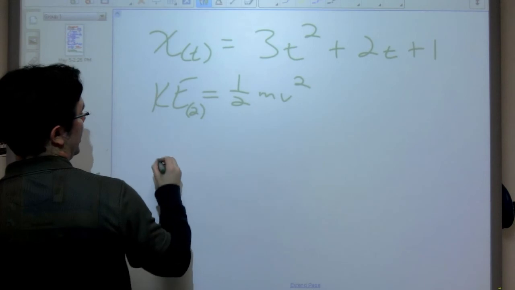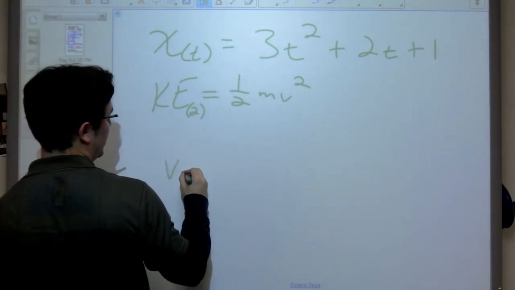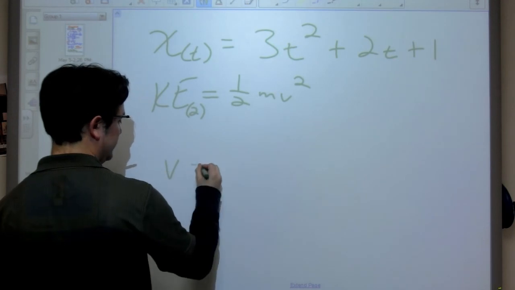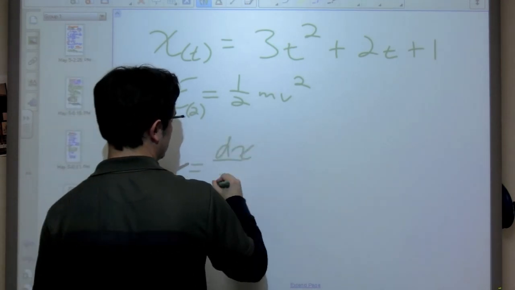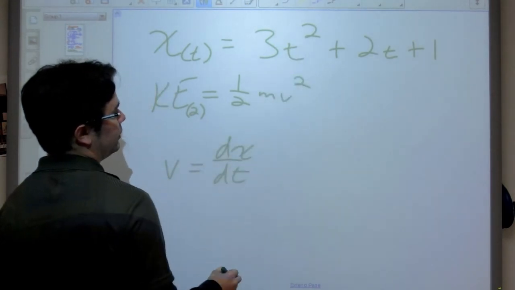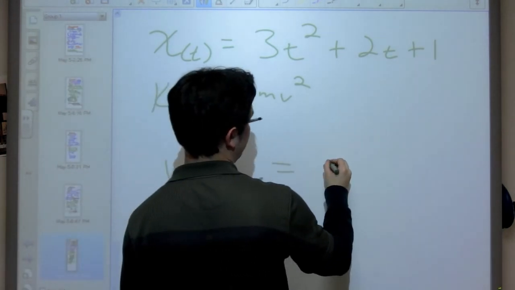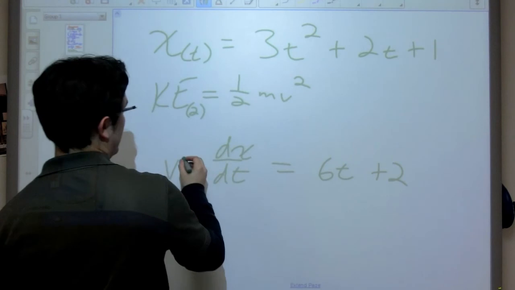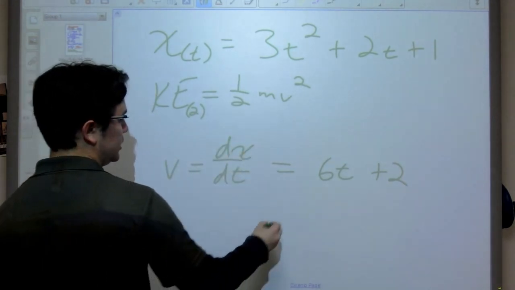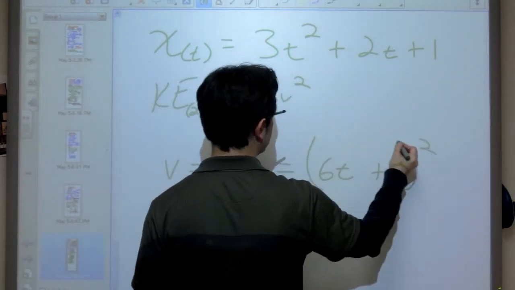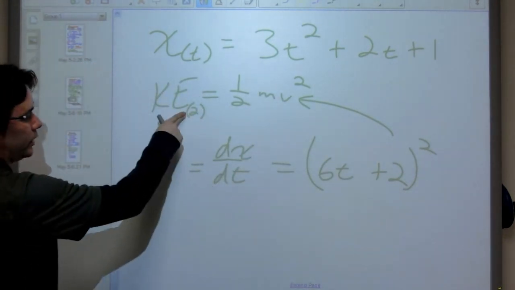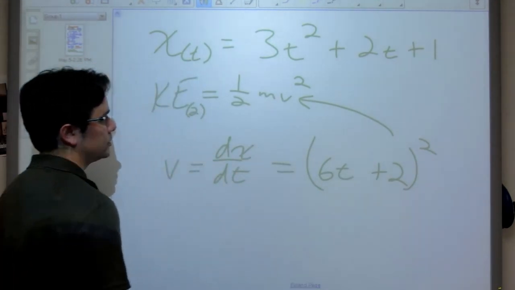Okay, well, my velocity equals dx dt. I take the derivative of this guy with respect to time, and I find that I've got 6t plus 2. That's my velocity. So I'm going to square this for v squared, multiply it by my mass, and then plug in 2 for t and solve for that.